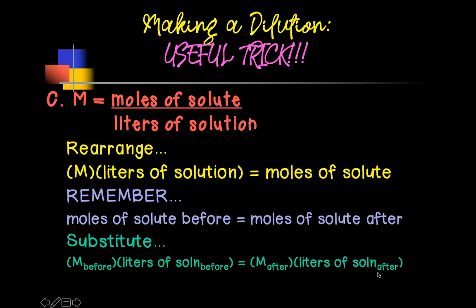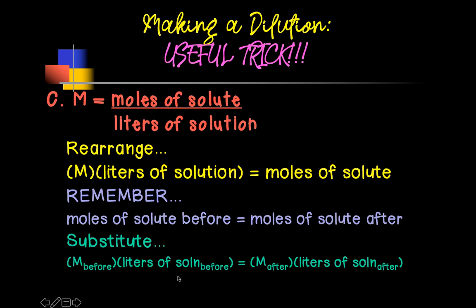How did we do that? Did you follow what I just did? The moles of solute before is equal to molarity times liters. So that's what we have, molarity times liters. The moles of solute after is equal to the molarity times the liters, so molarity after times the liters after.